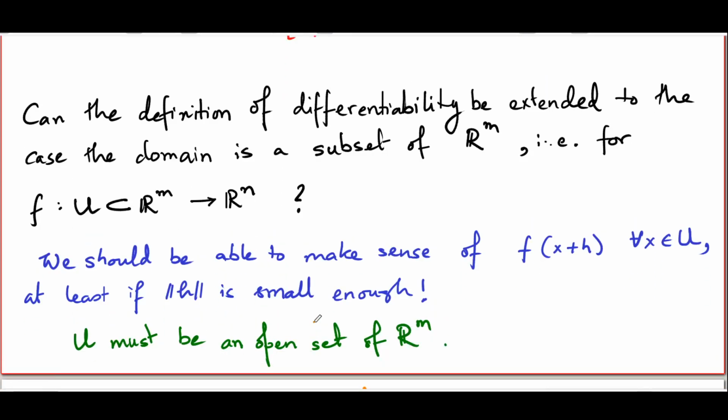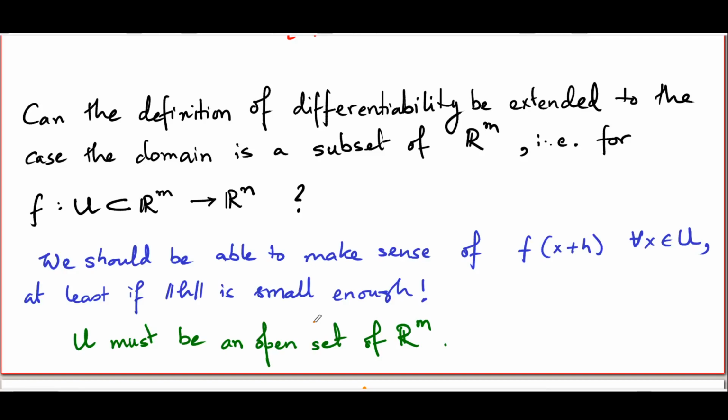Now, for this to work, what must happen is that at any given point x, there must be some leeway so that you can move a distance away from x in whichever direction you want, and you would still be within the set U. In other words, there has to be a ball of some finite non-zero radius surrounding x, which is entirely contained within U, as a result of which f of x plus h can be well defined at all points inside that ball.